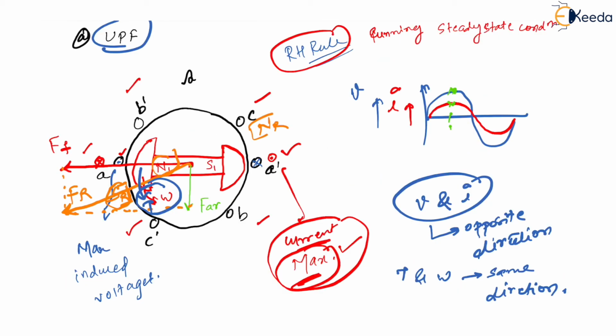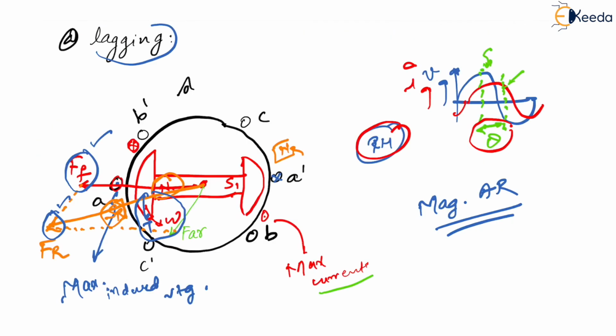So this becomes your IA, correct? In line with FAR, armature MMF, correct? Now, next will be your EF. EF will be what? With respect to this FF, it will be 90 degrees here. This is going to be your EF. Where is your ER? Definitely, with respect to this FR, this ER is going to be here. This is going to be your ER.